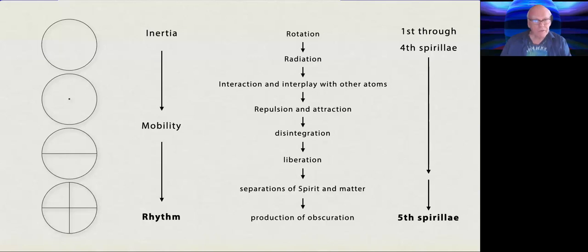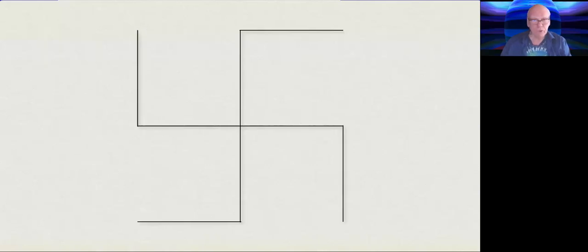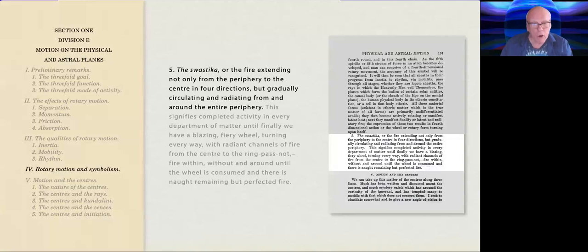We then took a look at the swastika, which represents the, quote, "fire extending not only from the periphery to the center in four directions, but gradually circulating and radiating from and around the entire periphery."